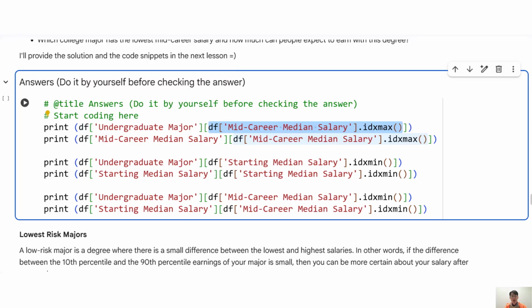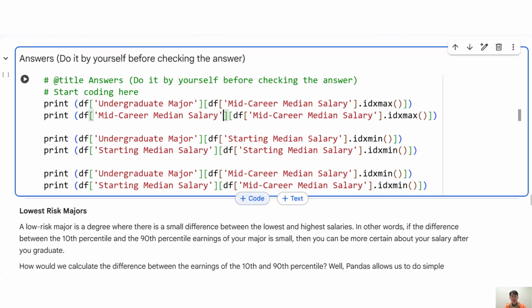So here it's a shorter, cleaner code to directly extract the undergraduate major with the highest mid-career median salary. And here is for you to extract the highest median salary.